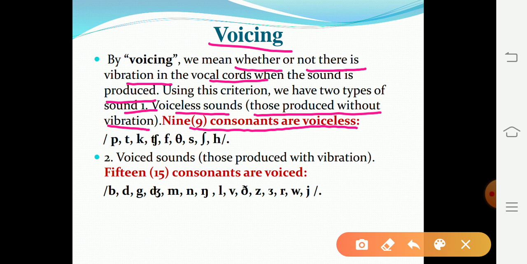We have seen in the chart that voiceless and voiced consonants are given. It is very easy to learn: the voiceless sounds are p, t, k, ch, f, th, s, sh, h.